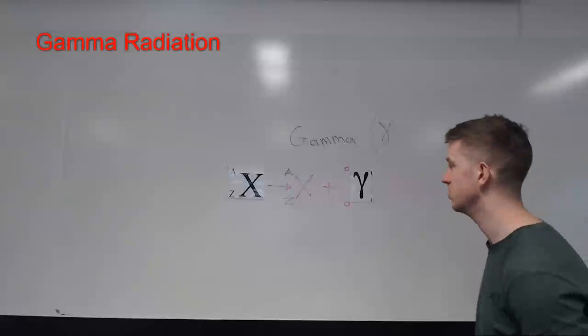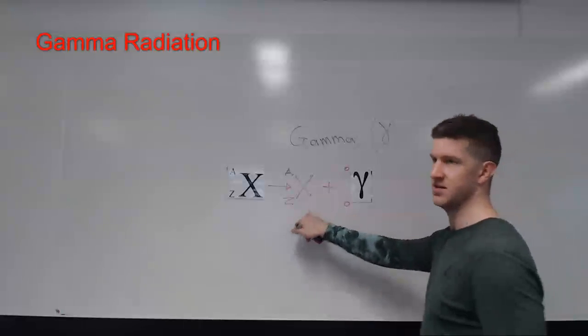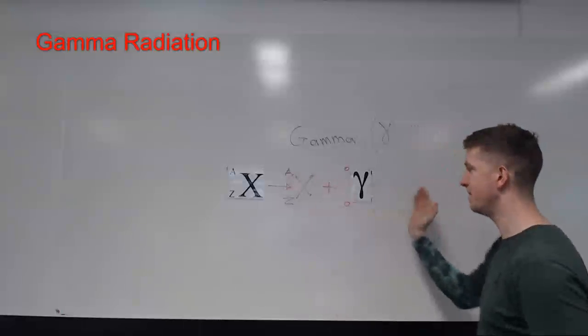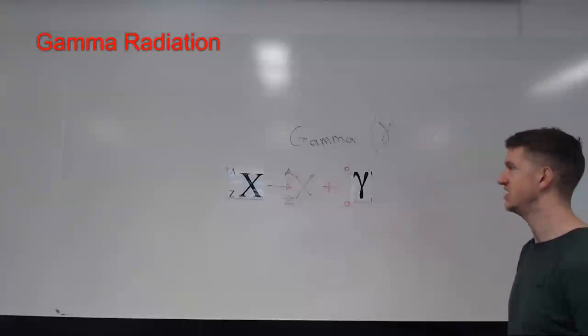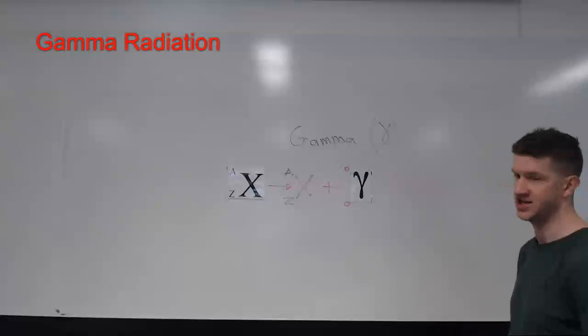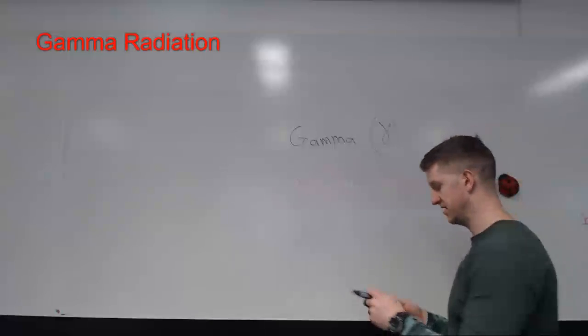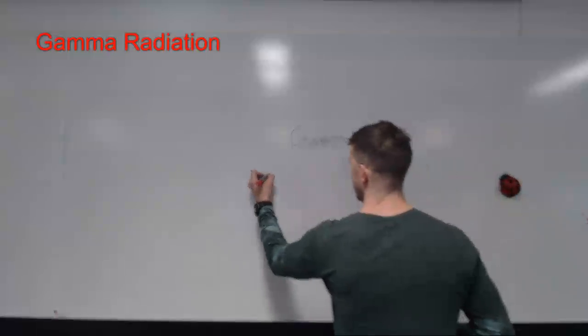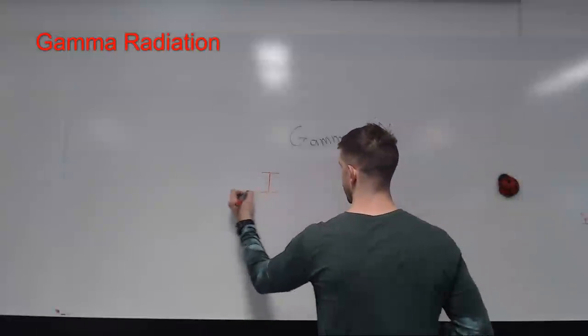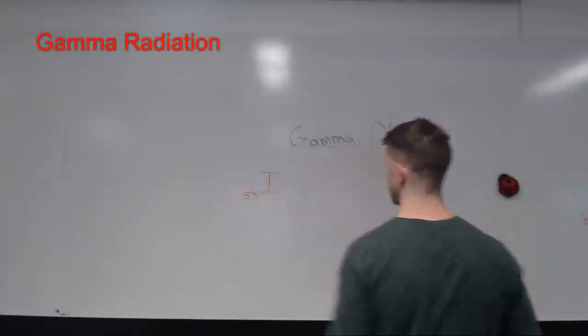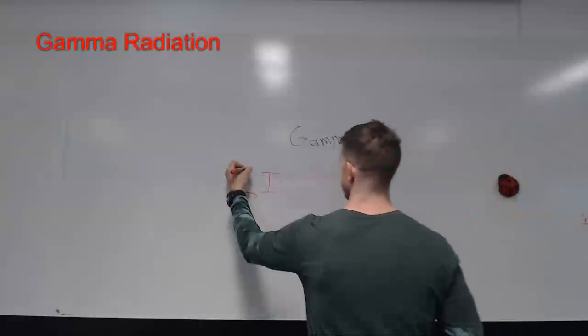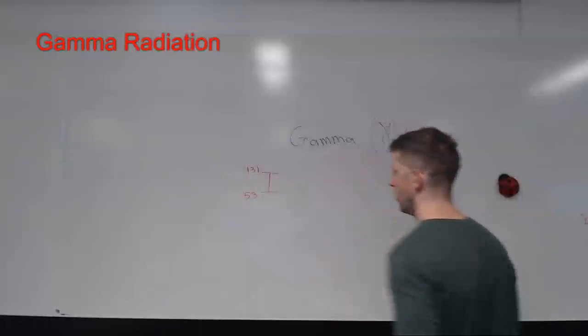This one's nice and simple. It doesn't change the element. The element is not decaying into another element. It's just emitting huge amounts of energy in this form of gamma radiation. Let's look at an example of this. If I started with the element iodine, its atomic number is 53, and its atomic mass is 131.